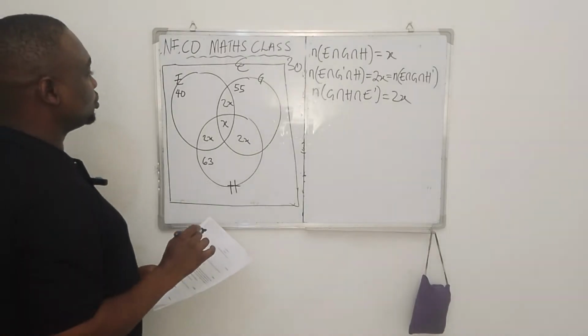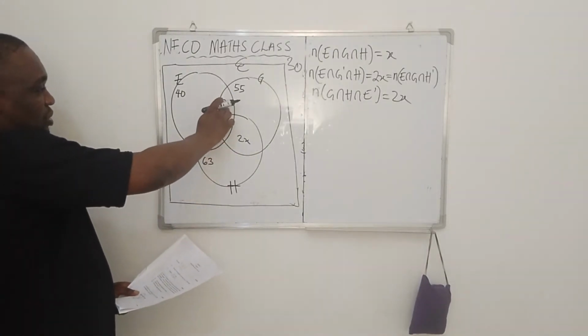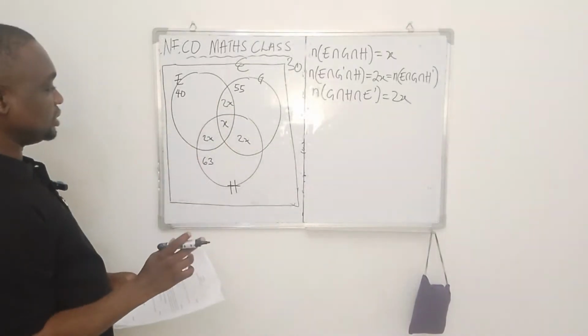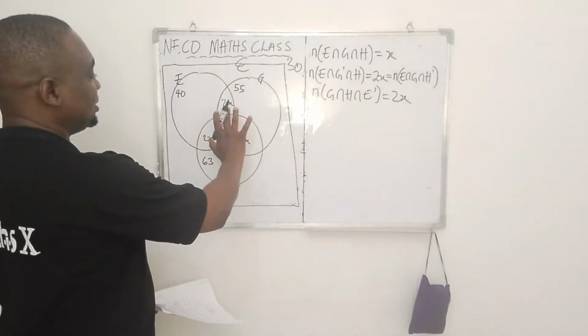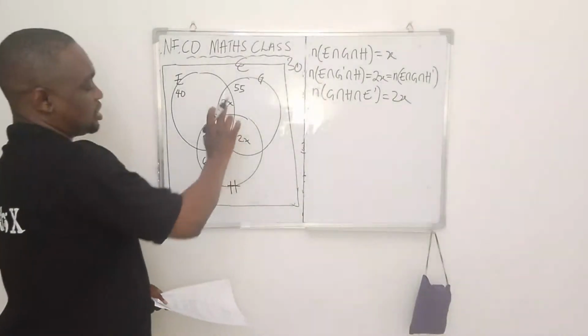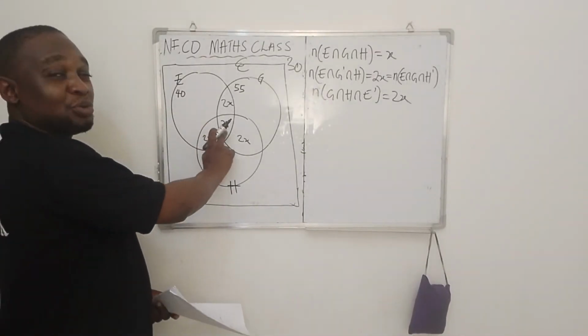Then the next thing I want to do is from here. Now look at the circle of economics. Have you seen that there's a 2x here and a 2x here and an x here? So they talk about only, right? So this means an exclusion. So strictly those that did economics and government, strictly those that are doing economics and geography, strictly those that are doing 3 subjects.